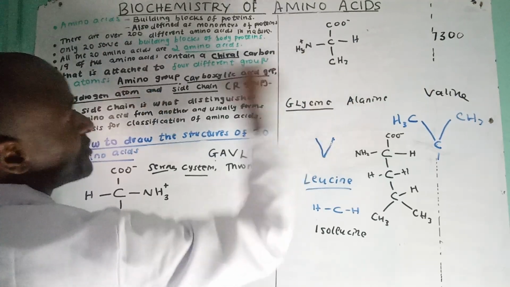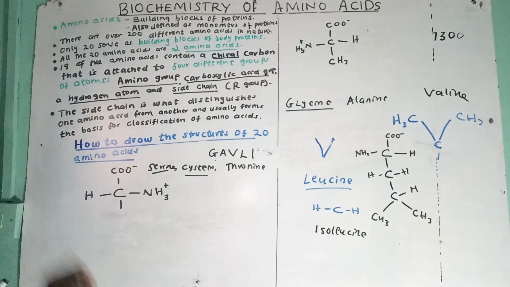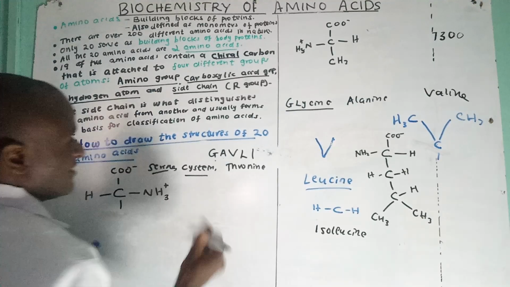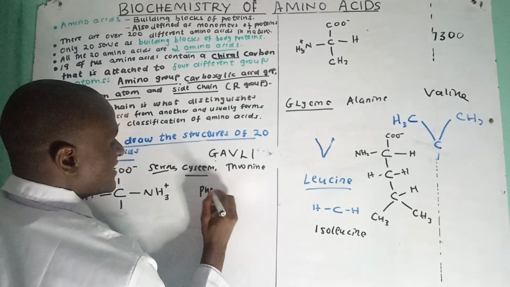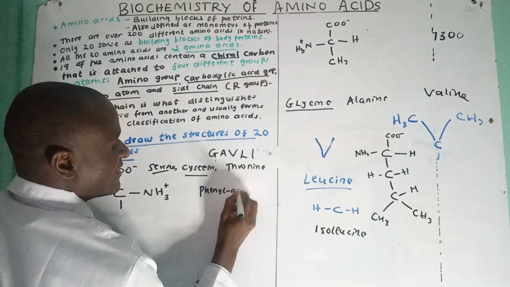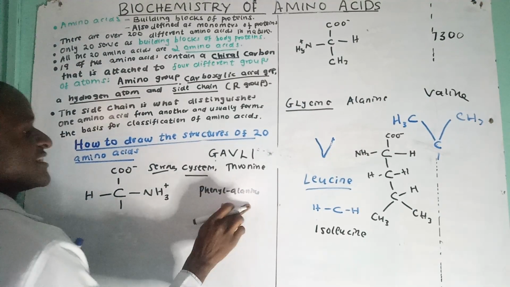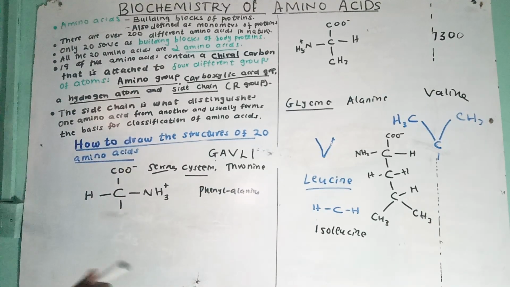That is alanine. So we are going to look at phenylalanine. From the word phenylalanine, this is an alanine that has got benzene ring attached to it.